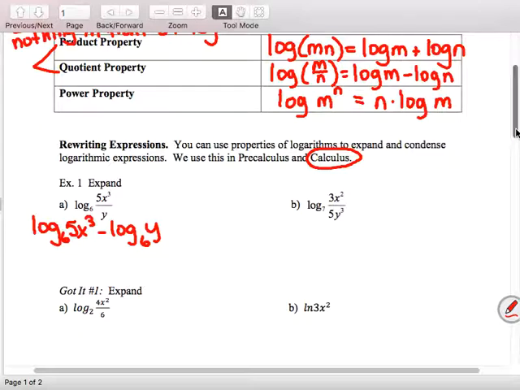If I meant for that, there's going to be a parenthesis around the 5x cubed. So I cannot bring that 3 down yet. So watch what I'm going to do. I'm going to do the log of 5, base 6, plus the log of x cubed, base 6, minus the log of y, base 6.